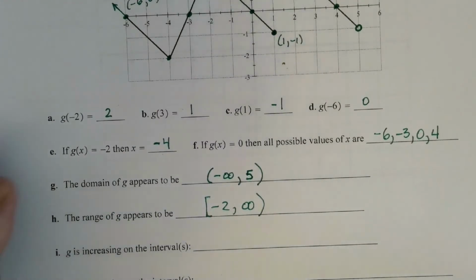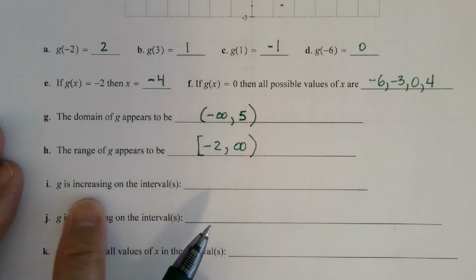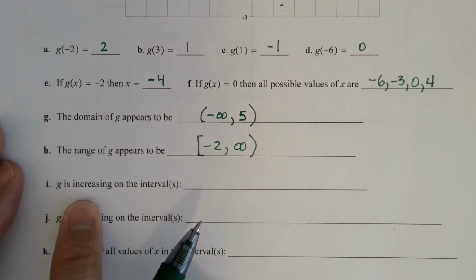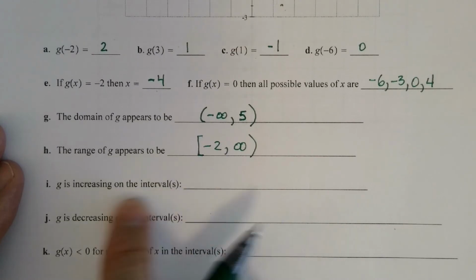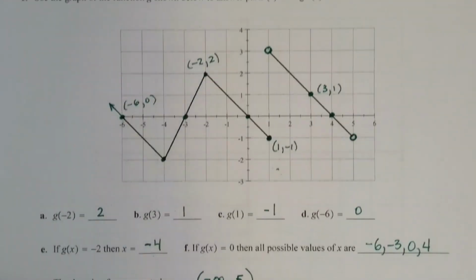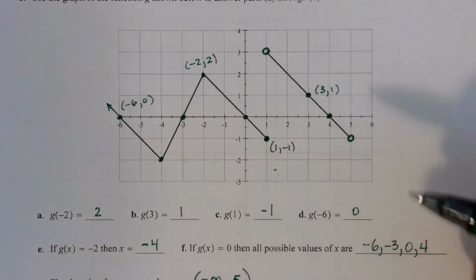A couple other things we talk about, and you should be familiar with these terms, and we're going to define them with calculus. G is increasing on the interval or intervals. What do we mean by that? Well, G is increasing basically when the functional value is increasing as we go from left to right.